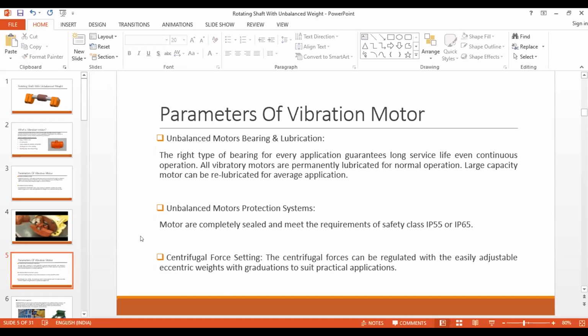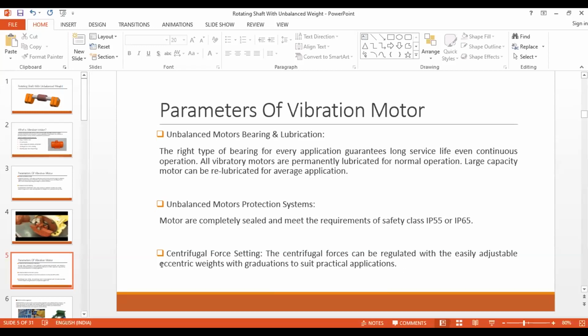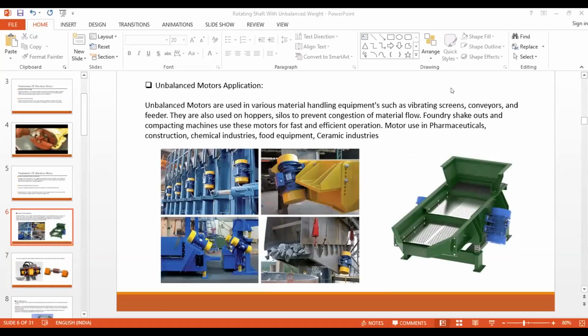We can easily adjust the eccentric weights with the graduation to suit the practical application. It depends on the practical application only, how much force we require. So we will move on to the next, the unbalanced motor application.